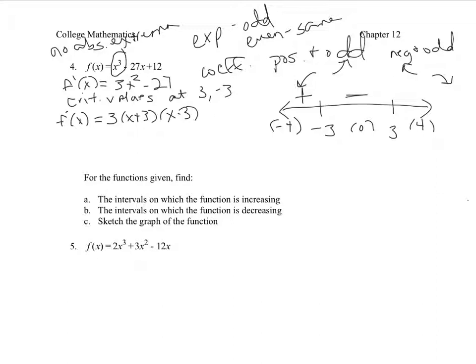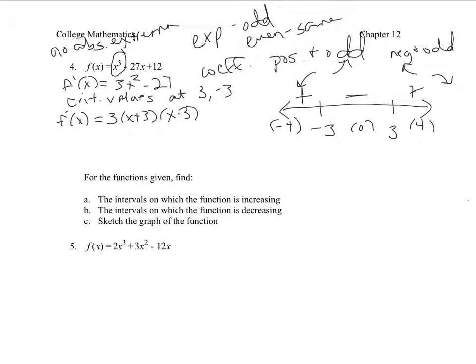All of the values between negative 3 and positive 3, if I plug those in, it's going to give me back a negative number. Now, tell me what happens if you plug in positive 4. It's going to be positive because you would get a positive times a positive, because 4 minus 3 is a positive 1. And all positives multiplied together give me back a positive.